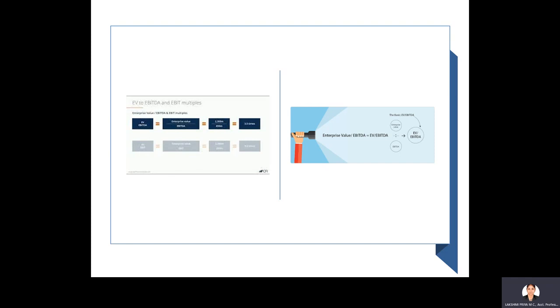Some suggestions while using the conventional approach are: the PE multiple is more appropriate for firms that have a proven track record of positive earnings and which don't have significant non-cash expenses.